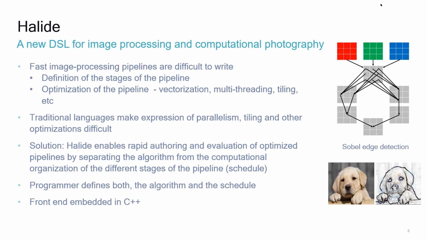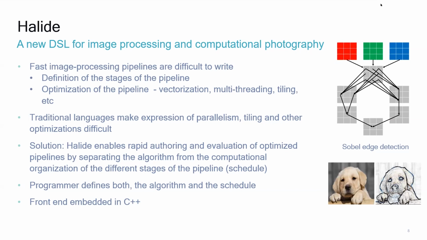So Halide came into the picture, and Halide enables rapid authoring and evaluation of optimized pipelines by separating the algorithm from the computational organization of different stages of the pipeline, the schedule. The programmer defines both algorithm and schedule, and the front end is embedded in C++ for Halide. So even if your legacy code exists in C++, you can write a new piece of code in Halide and embed it within the C++.